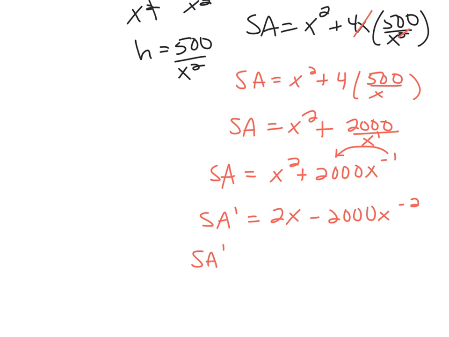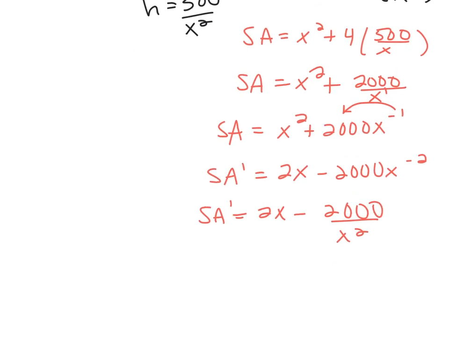Now my surface area prime is equal to 2x minus 2,000 over x squared. Now basically to minimize, you want the local minimum, which again comes from your derivative, hence you need your critical point. So to find your critical point, you're going to set this equal to 0 and solve for x.